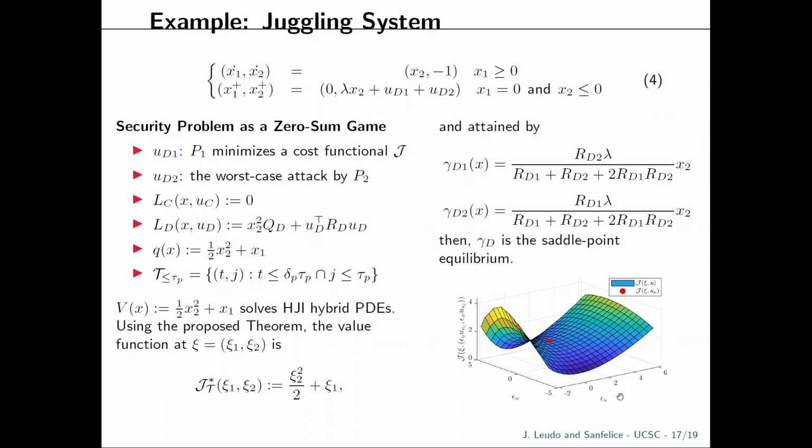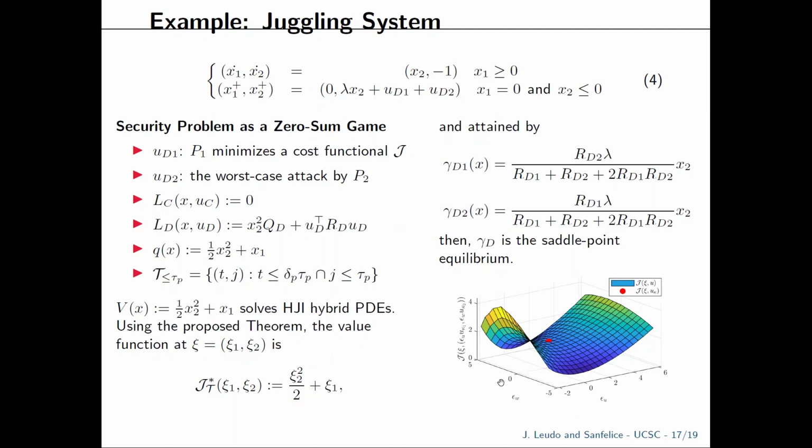When player P1 selects the optimal strategy under the worst case scenario attack, which represents the saddle point equilibrium, the optimal cost is attained. Whenever the player P1 modifies its strategy unilaterally, that will only result in a greater cost in comparison to the optimal.